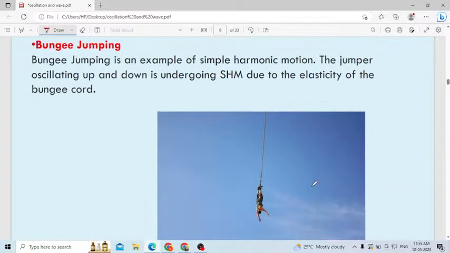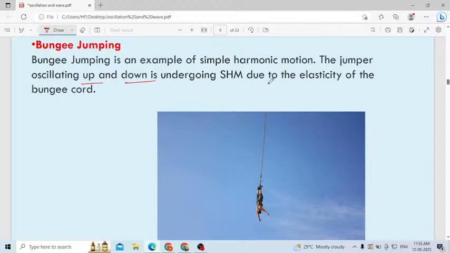Next, bungee jumping. This one you can observe. Bungee jumping is an example of simple harmonic motion. The jumper oscillates up and down, due to the elasticity of the bungee cord. Whether it is up and down or to and fro, these are examples of simple harmonic motion.